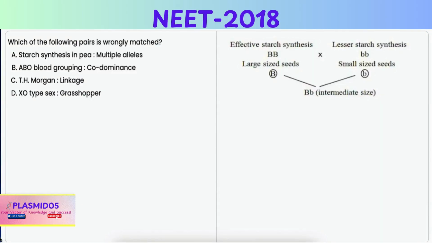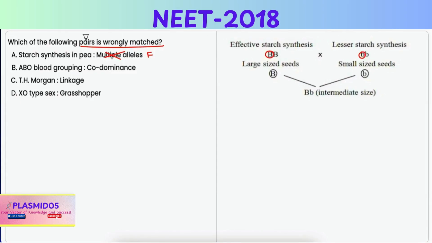In this question, you have to identify the wrongly matched pair. Option A, starch synthesis in pea is to multiple alleles. Now this pair is wrongly matched because starch synthesis in peas is governed by a single gene with two alleles and not multiple alleles.